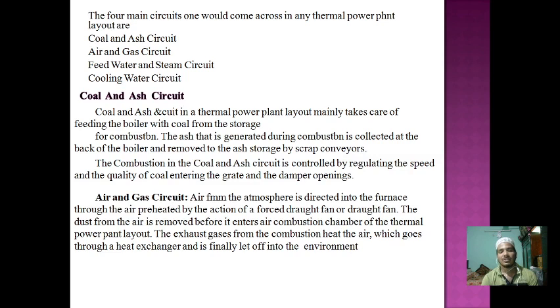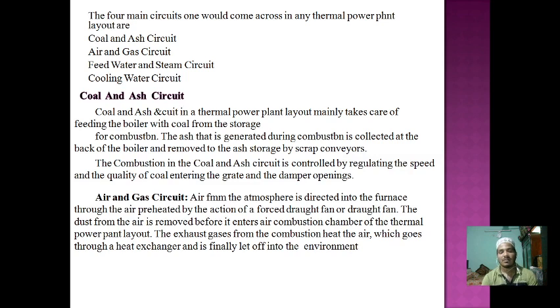In the combustion chamber of the boiler, the ash is collected at the back side, removed, and stored in the ash storage by a scraper conveyor. In that combustion, the coal and ash circuit is controlled by regulating the speed, the speed of the superheated steam.